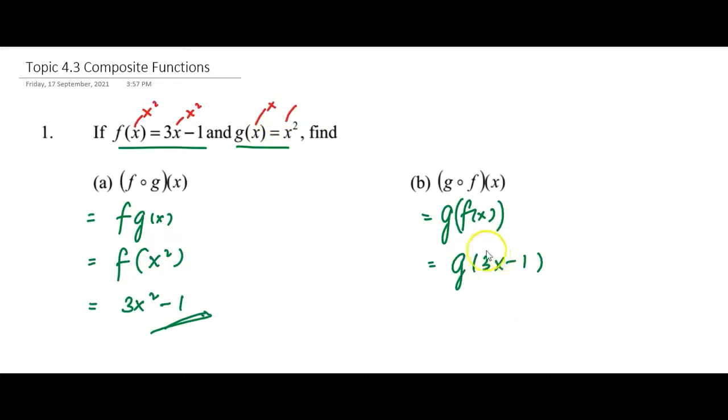So if this x has changed to 3x minus 1, this x also will be replaced by 3x minus 1. So now you can rewrite g(3x minus 1) with 3x minus 1 as your x here, and don't forget it has a square over here. So your g(f(x)) will be (3x minus 1) squared.